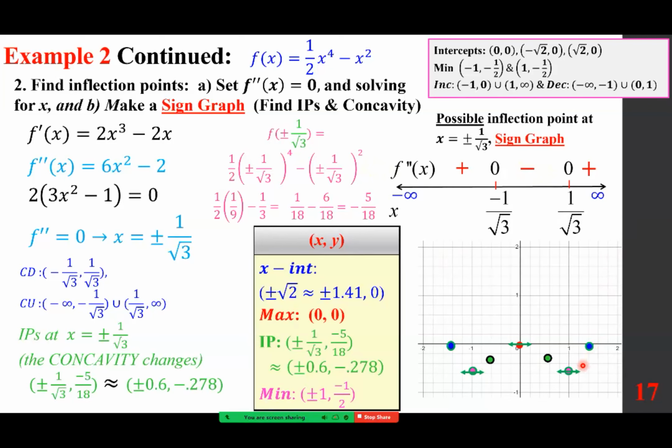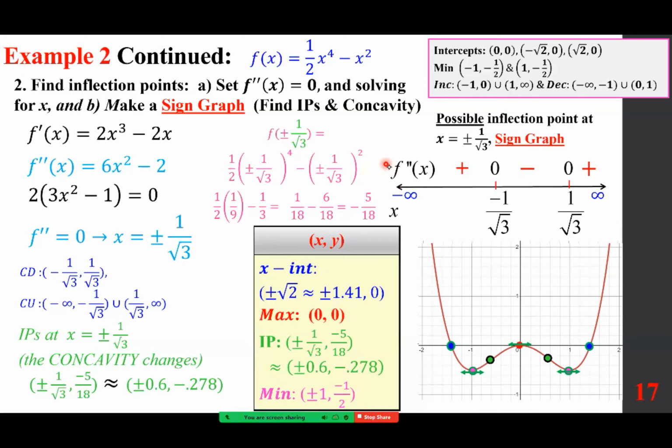This point continues. This point has to come back down. It can't cross this point. And then this point has to come back up, and it crosses this x-axis. It's very straightforward, everybody. So we combine the information from here, meaning calculus, as well as prior knowledge of mathematics.